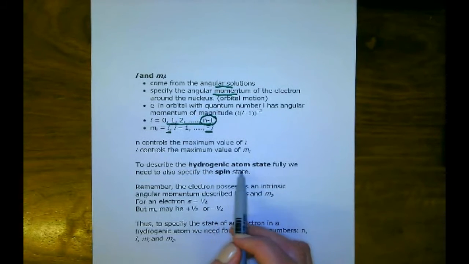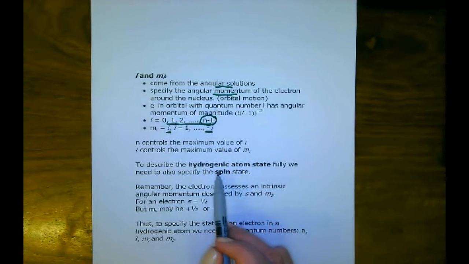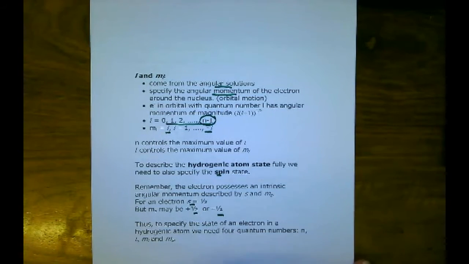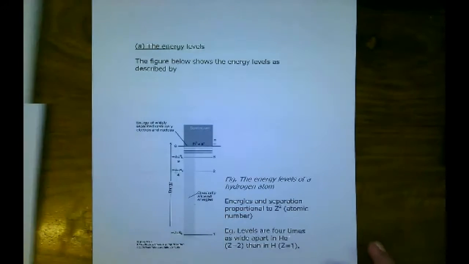Now, if we really want to describe the hydrogenic atom state, we also need to include spin. For spin, we have the spin quantum number s, which is always equal to a half, and ms, which may be plus a half or minus a half. So to fully describe the state of an electron, we need n, l, ml, and ms.